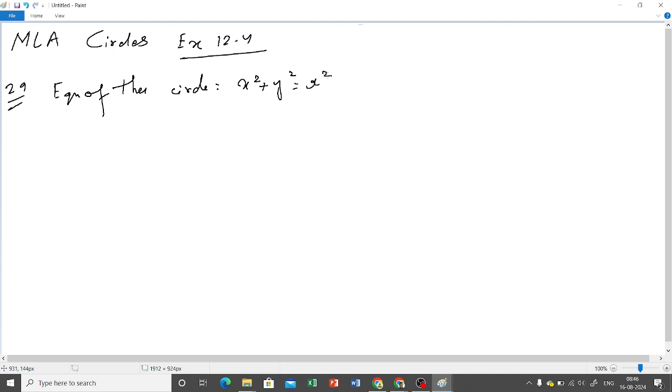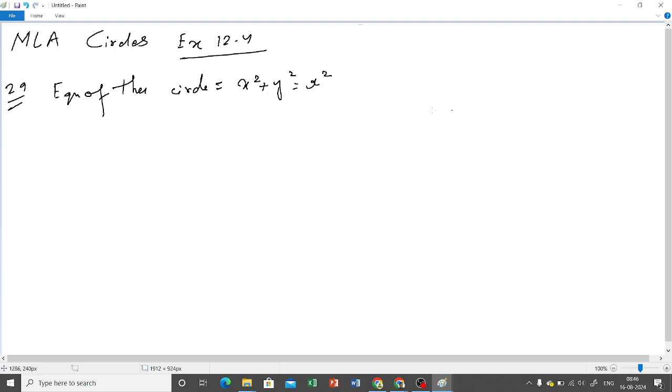The equation of the circle is x square plus y square is equal to r square.